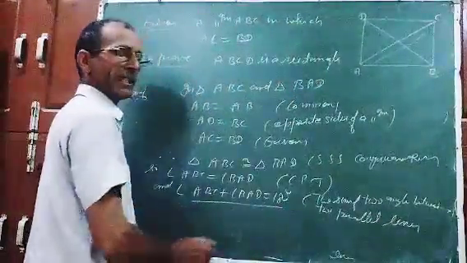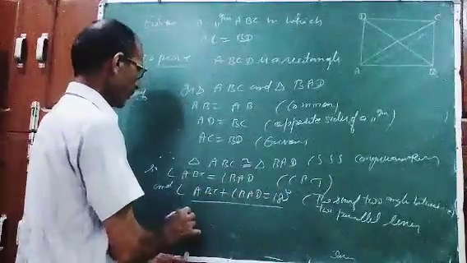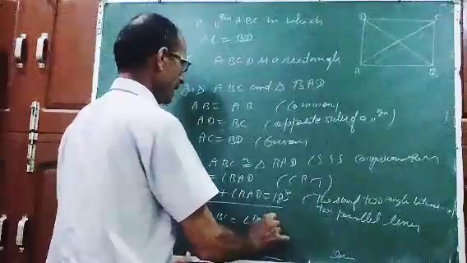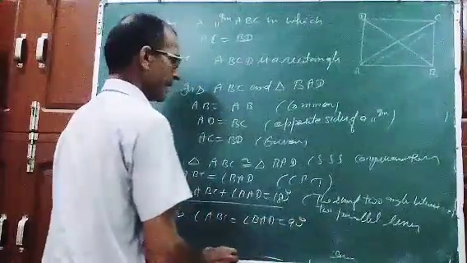Now their sum is 180 and both are equal. So angle ABC is equal to angle BAD, which is 90 degrees.